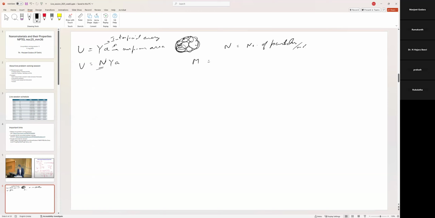So in this case, the mass would be the number of atoms times the volume of each atom and the density. To get n, you can just divide the mass by the atomic volume and density.